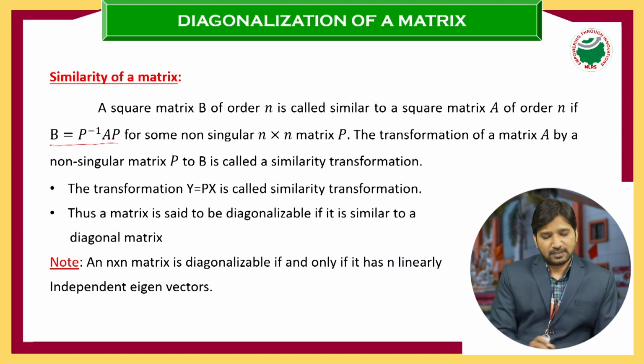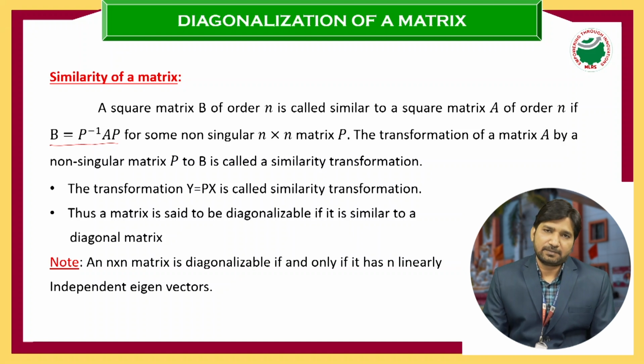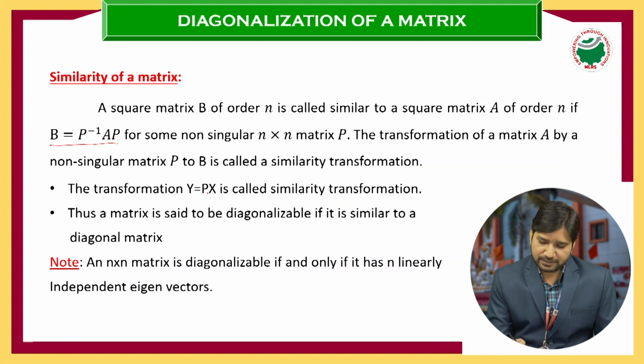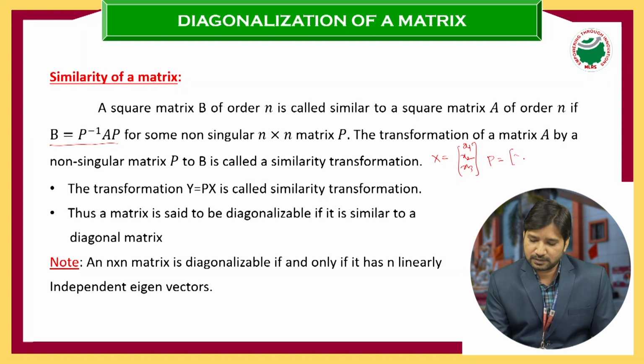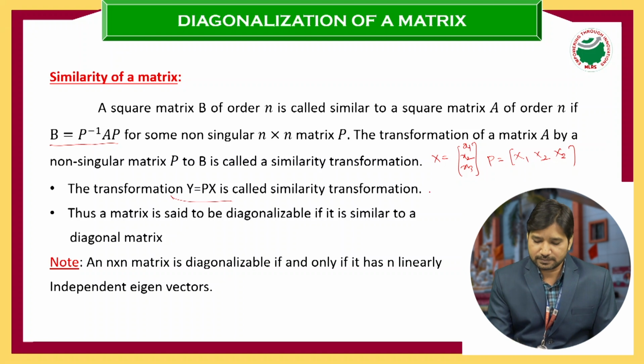Some more points: the transformation Y equals PX, where X is the column matrix x1, x2, x3 and P is the model matrix of eigenvectors, and Y is y1, y2, y3.